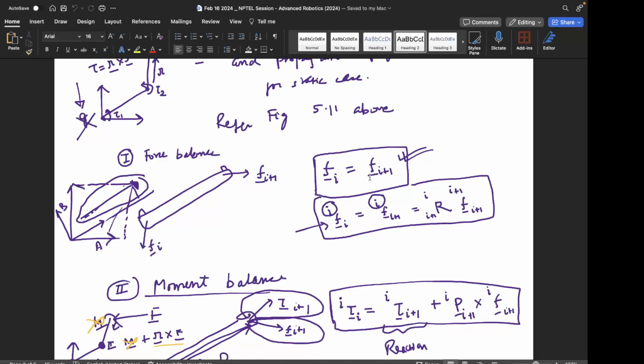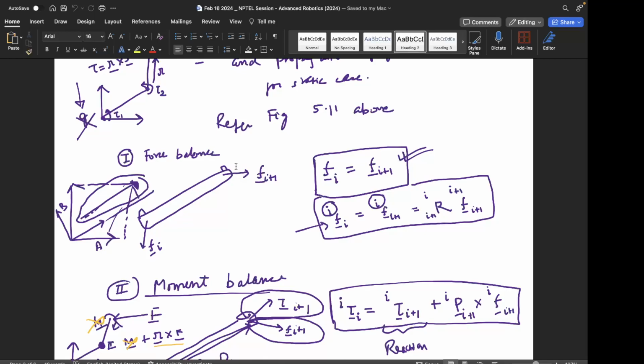Since I have written in terms of vectors, when you write it in terms of sign and component, there you will take care of the direction. So here it will be Fi minus Fi plus 1 is equal to 0. And why minus Fi plus 1? Because it's the reaction of the force on Fi plus 1, right?